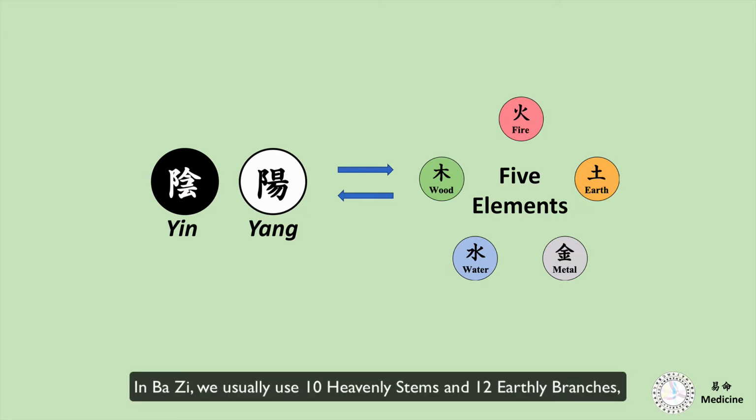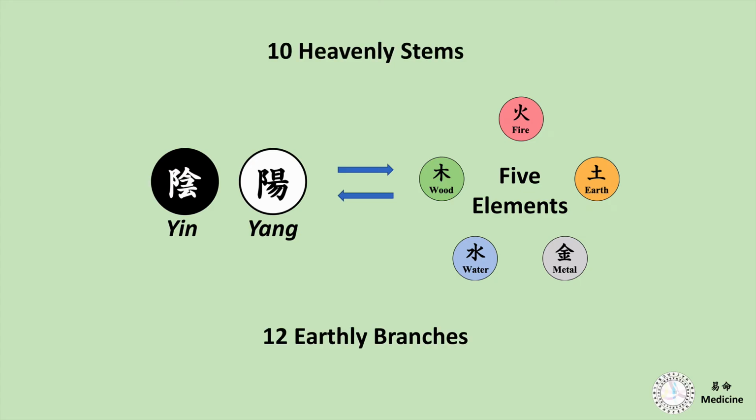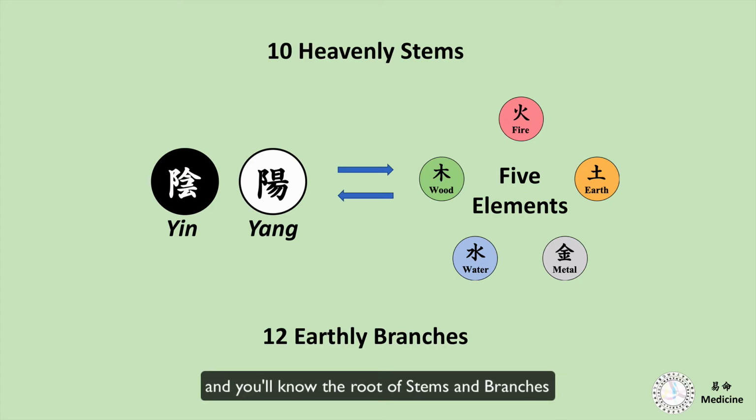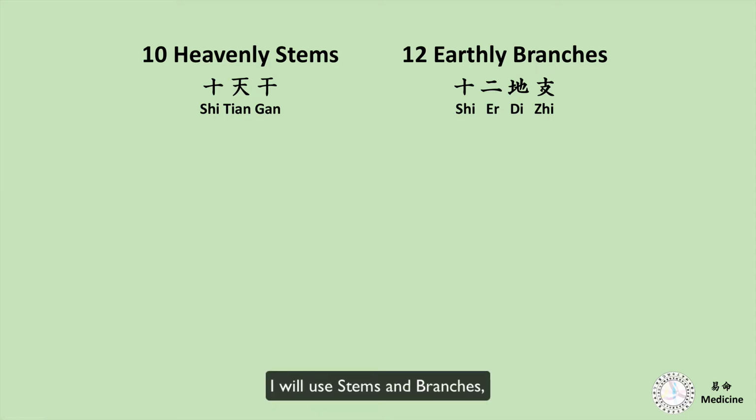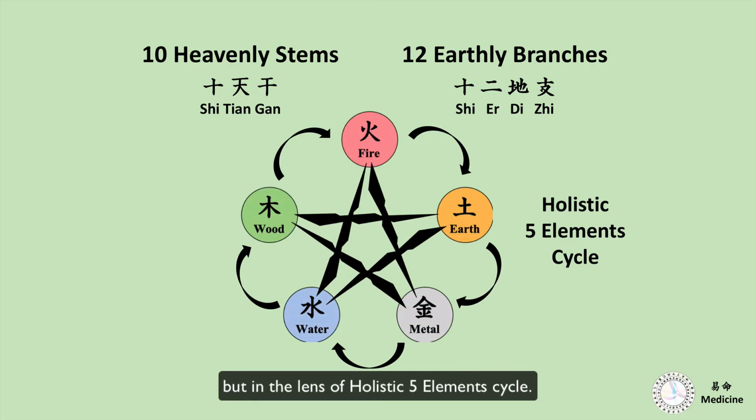In Bazi, we usually use 10 heavenly stems and 12 earthly branches, and you will know the root of stems and branches are no more than yin and yang and 5 elements. So from now on, when I explain about Bazi chart, I will use stems and branches, but in the lens of holistic 5-element cycle.